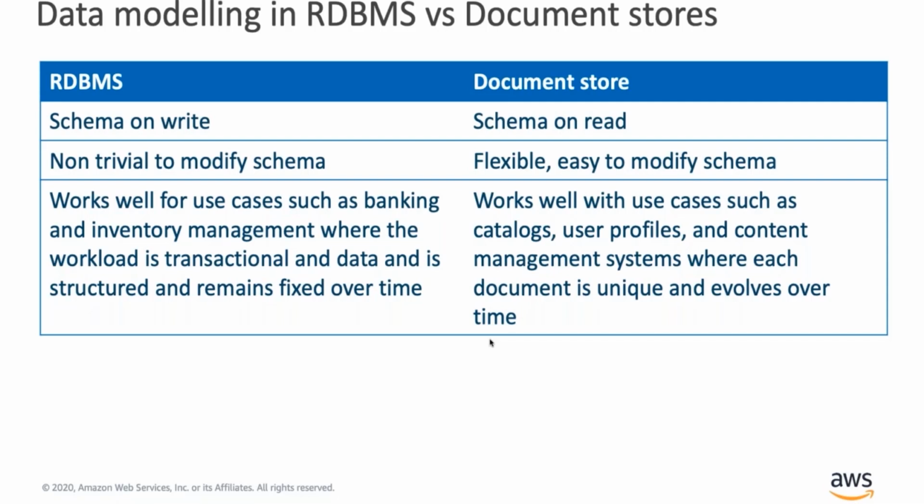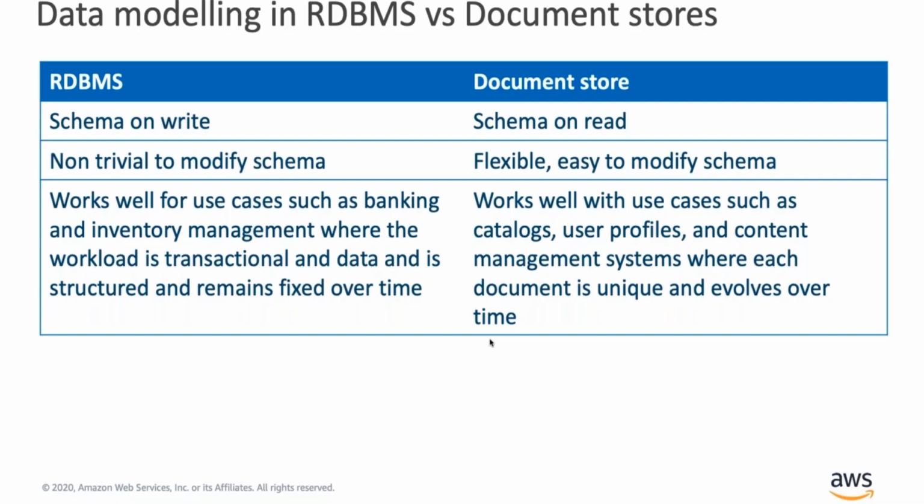While a document store gives you the ability to have schema on read. This means when you insert your data, which is a document, inside of a document store, you don't need to specify a schema. Every document inside of a collection could have a different schema. One could have 10 fields, another could have 100, and you're not creating anything beforehand before you insert your data into your database.